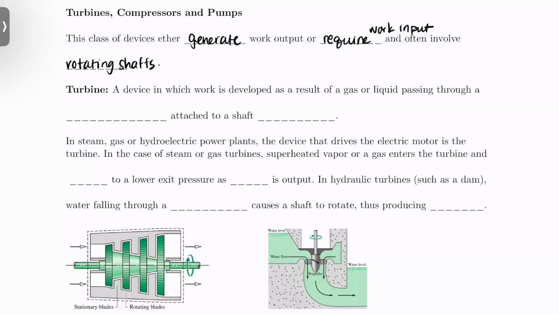All right, so a turbine is a device in which work is developed as a result of a gas or a liquid passing through a set of blades attached to a shaft that is free to rotate.